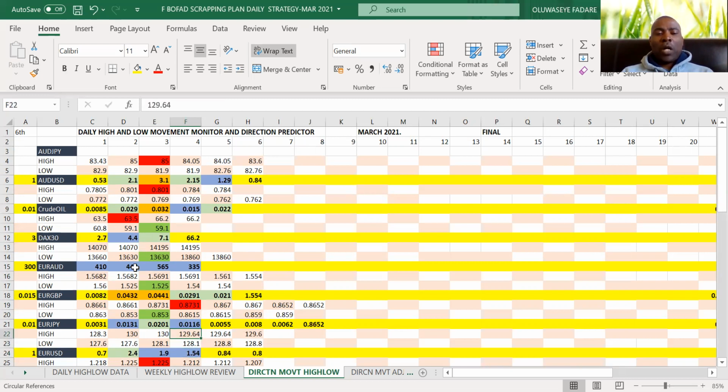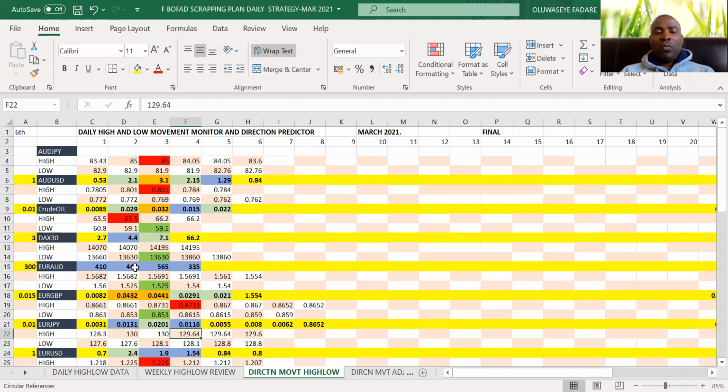For Euro JPY, as you can see here, I'm in between a buy and a sell. So far, according to the last move, it's still dicey because look at the trend. We had 127.6 as low, and the market has never come below that. Also, we have 130, and the market has not gone higher than that.